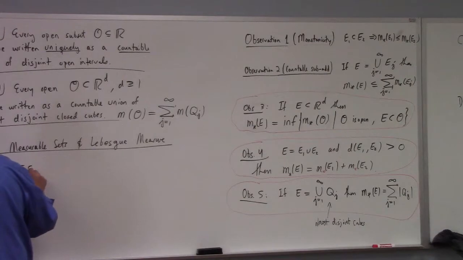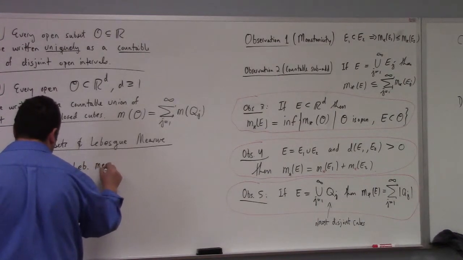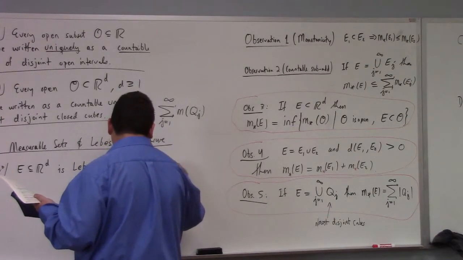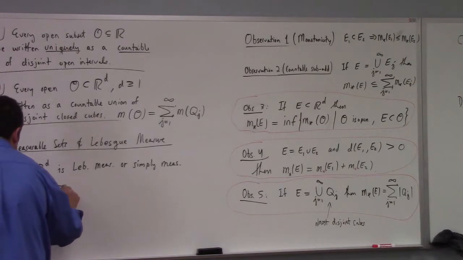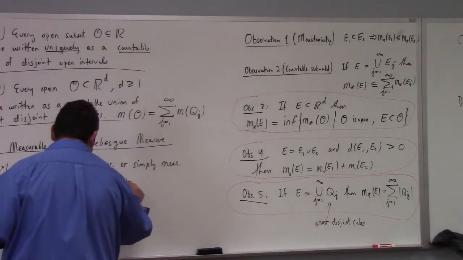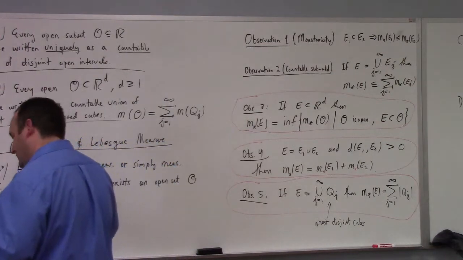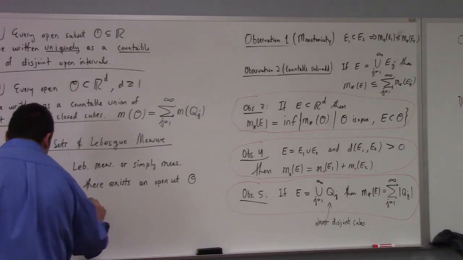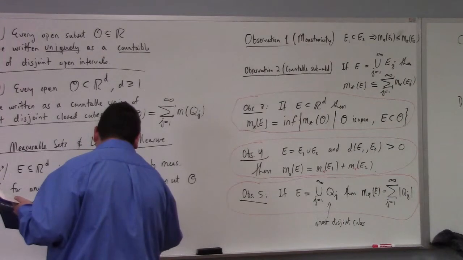E, a subset of R^d, is Lebesgue measurable, or simply measurable, if for any epsilon greater than 0 there exists an open set O with E contained in O and the exterior measure of the complement of E in O, O minus E, less than or equal to epsilon.